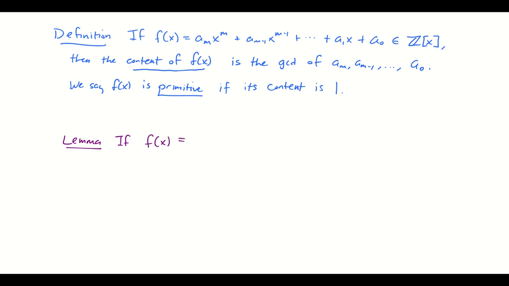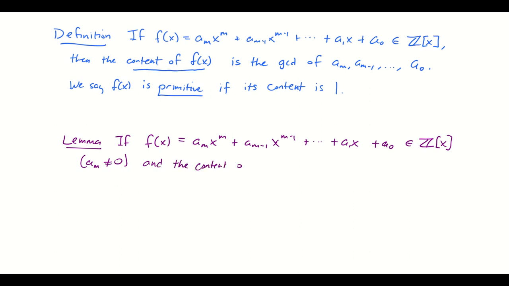If f of x is equal to a_m x to the m plus etc., a_1 x plus a_0, that's a polynomial in Z bracket x. And let's assume that a_m is non-zero. And the content of f is d.